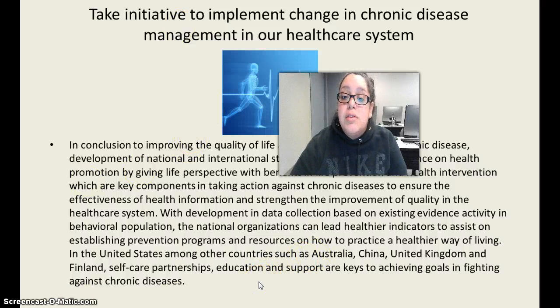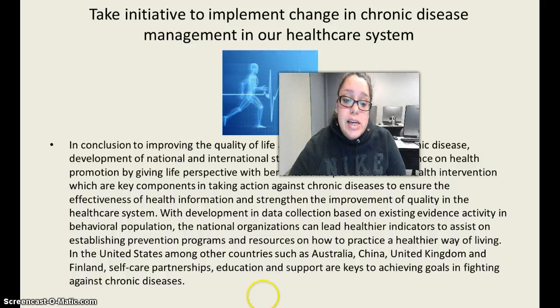With the development of data collection based on existing evidence of activity in the behavior population, the national organizations can lead healthier indicators to assist in establishing prevention programs and resources on how to practice a healthier way of living.